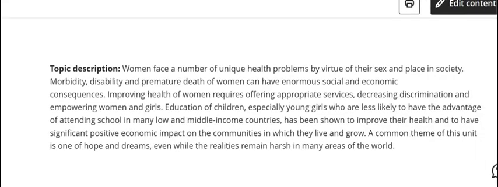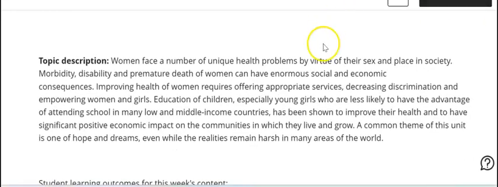So when we're looking at the topic, we know that women face a number of really unique health problems by virtue of their gender and their place in society. These health problems, which include disability and premature death, can have enormous social and economic consequences.